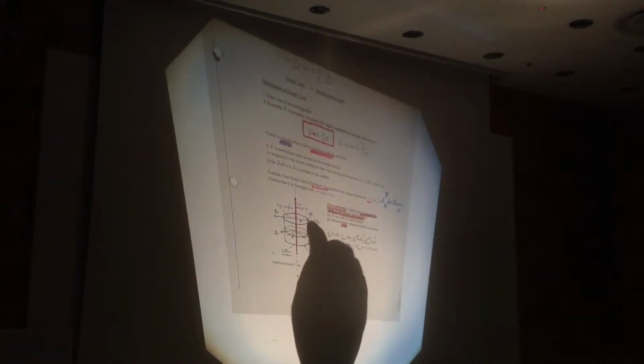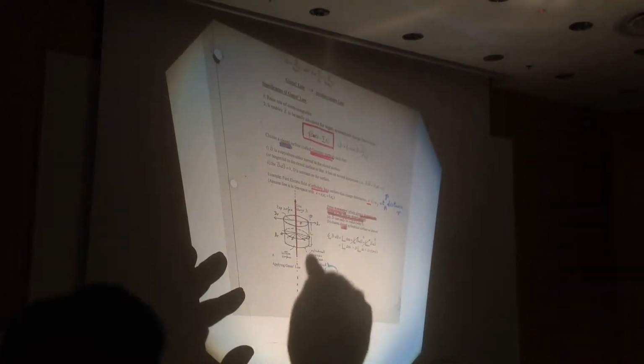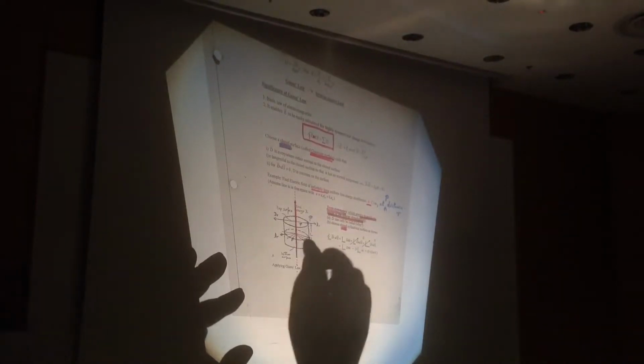With the top I get no contribution, because by symmetry the electric field is parallel to the surface, so I get zero normal component. Gauss's law talks about the outward normal flux, and there is no flux normal to the surface here. So the contribution is 0. And at the bottom, again, the field is parallel to the surface, so it is 0.